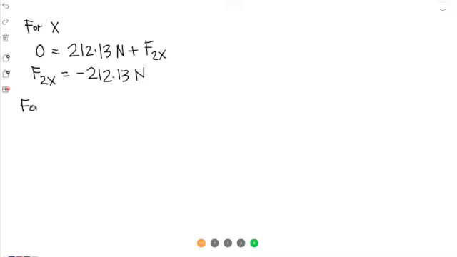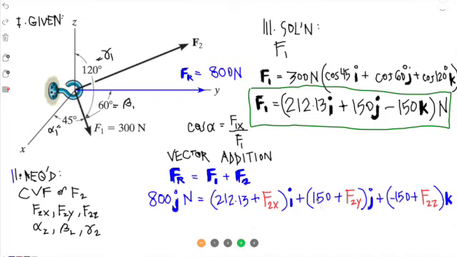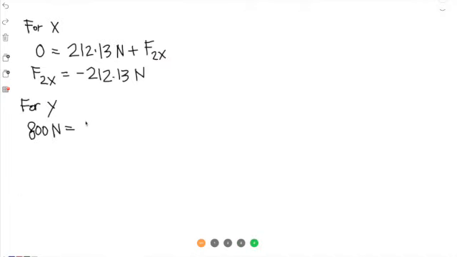For y, we have 800 newtons equal to 150 newtons plus F2y. I hope you can follow this.